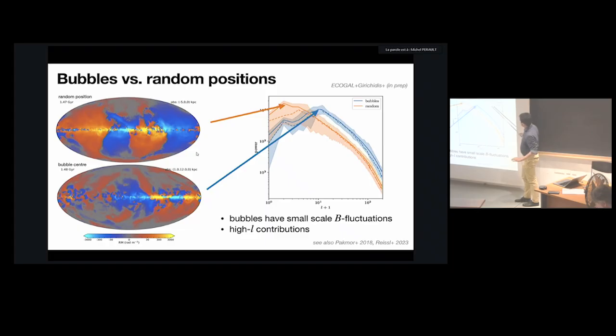Here you see the angular power spectrum for random positions. Random positions are dominated by low-L contributions. And if you go to bubbles, then you see much more the details of the shell of the bubble or the complicated turbulence around you, which means your spectrum peaks at higher spherical harmonic contributions.